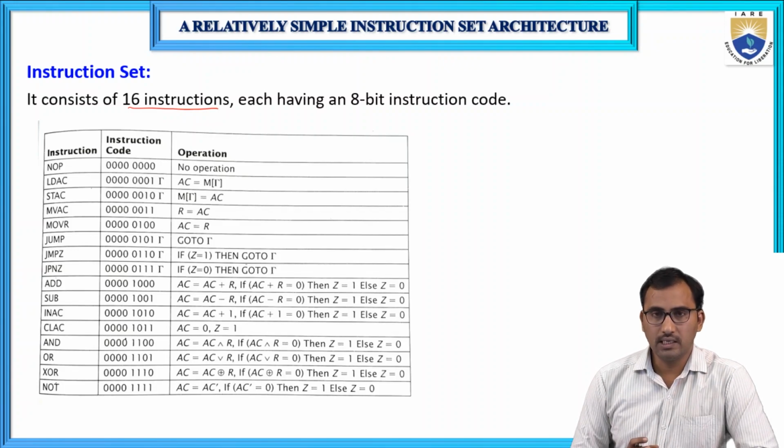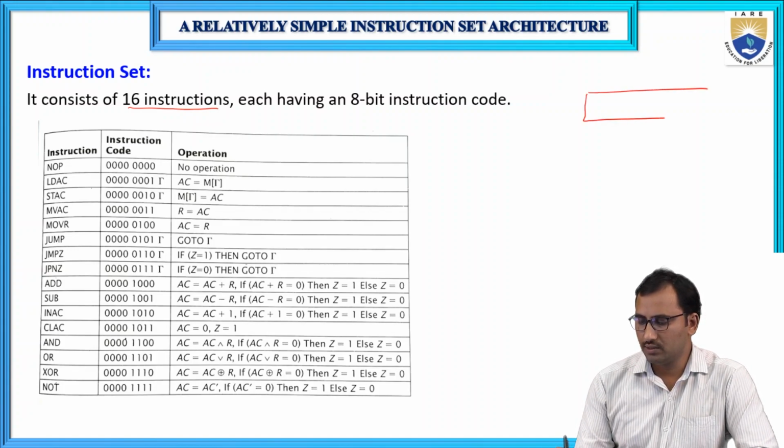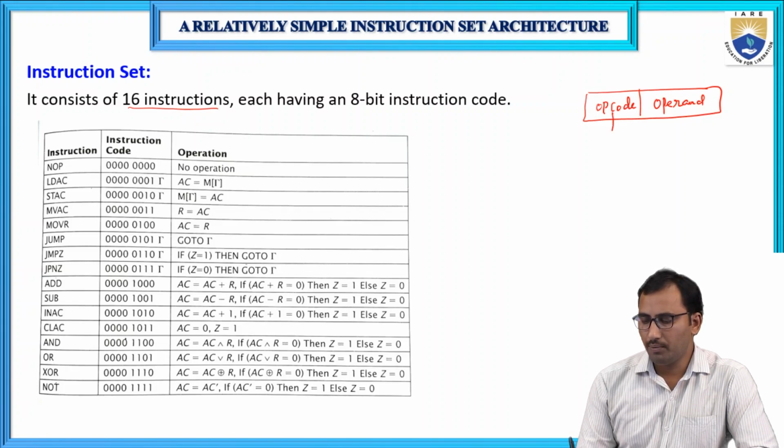This instruction consists of mainly two fields. The first field is the opcode, and the second one is the operand. The opcode describes the type of operation to be performed.